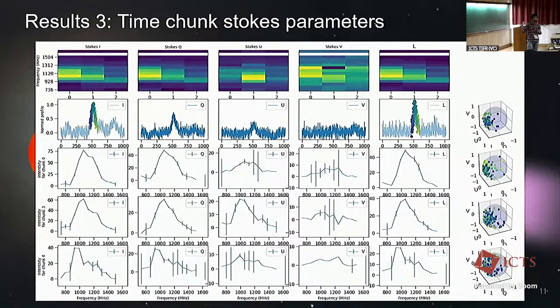We don't see such things, and that's one of the main reasons we chose this pulsar, so that we can average and see what is actually going on in the binary system instead of the magnetosphere. Okay, thank you.